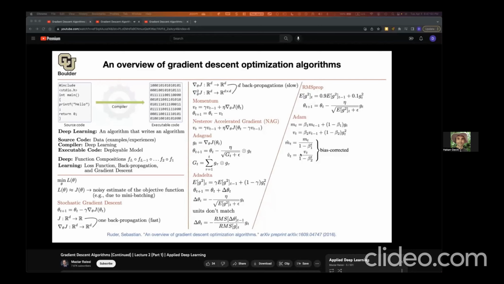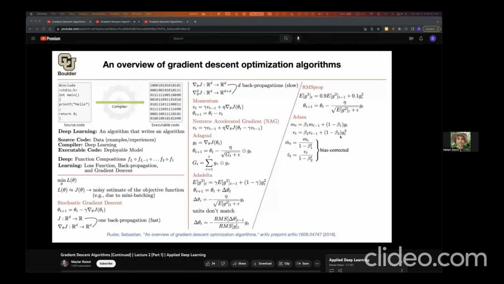So vt hat is just vt. But initially, these numbers are going to be close to 1, and they're going to help you give more emphasis to gt and gt squared. So it's going to unbias your estimates for the running averages. There is a bias towards 0, and you're unbiasing that.